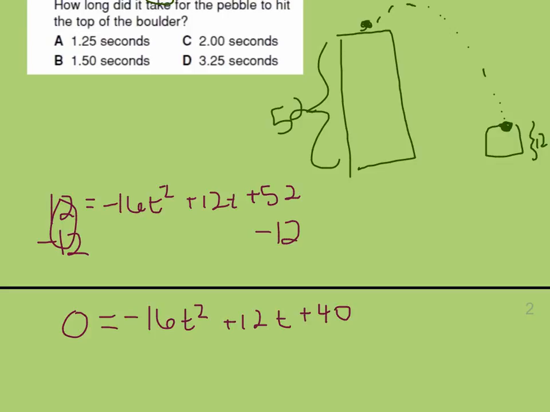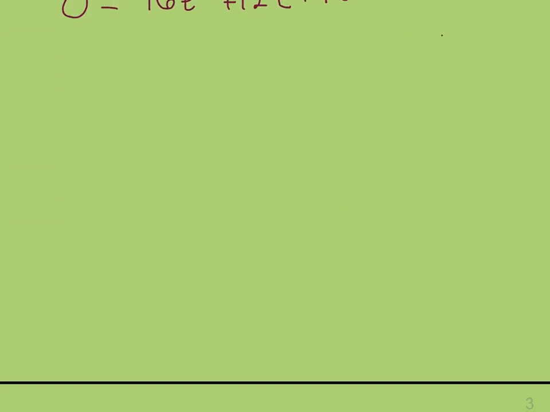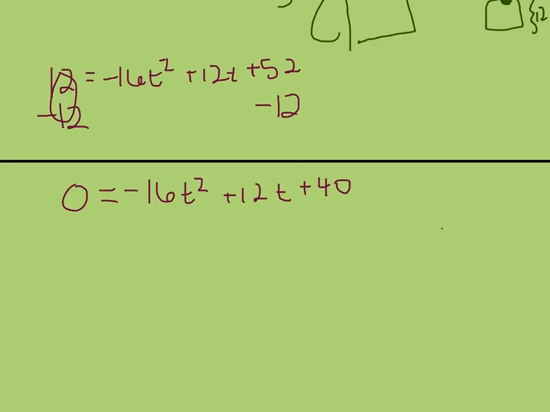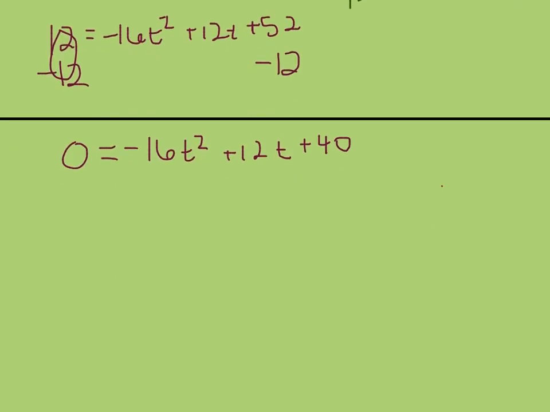Another option that we have is to graph it. So I'm going to pull up what it's going to look like on the graph. First of all, we're going to have to type in our y equals, the equation that the rock follows. So you're going to have y1 equals negative 16x squared plus 12x plus 52.